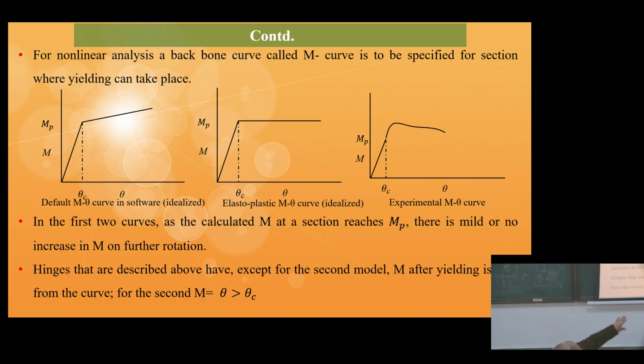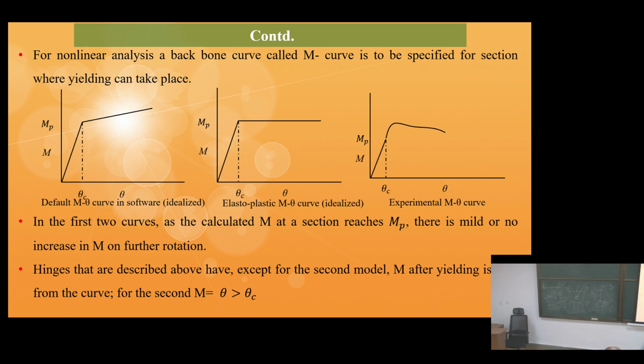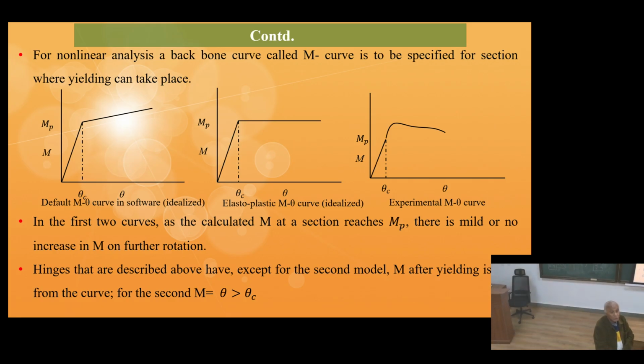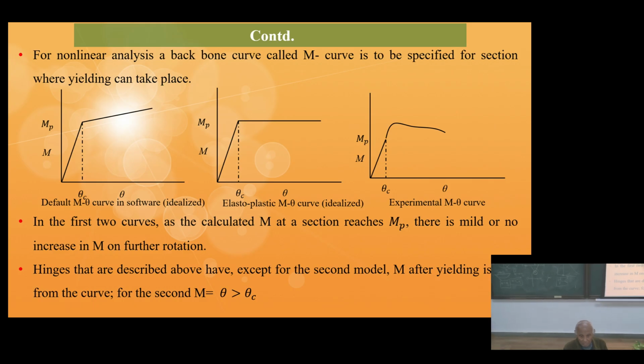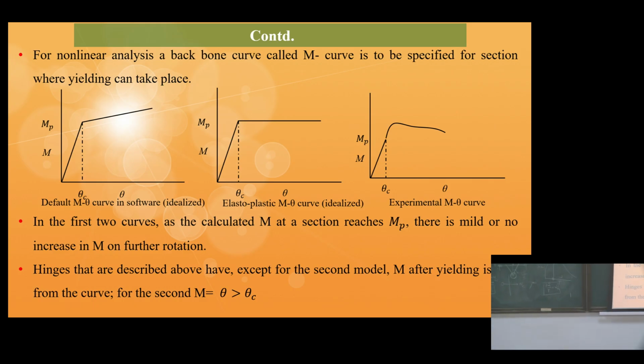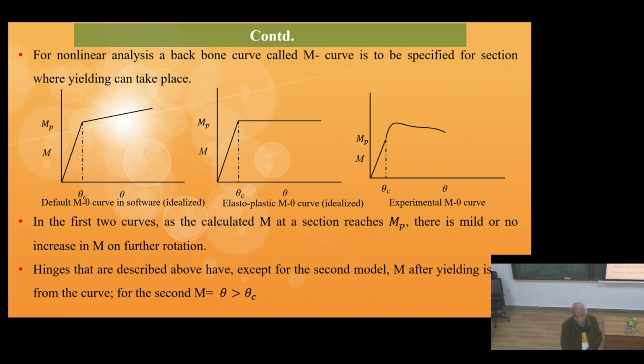This does not necessarily flatten like the second curve. It can go up, then it can go down. It can take many shapes. But this information should be provided, because after yielding of a particular cross section, the moment it can carry depends upon this backbone curve.